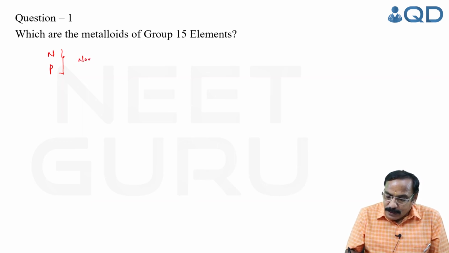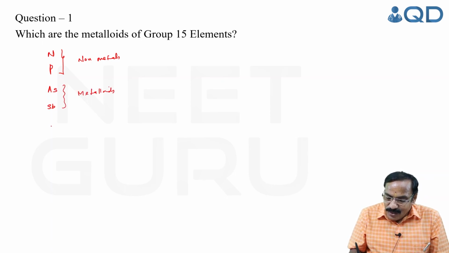Nitrogen and phosphorus are non-metals, while arsenic and antimony are metalloids, while bismuth is a typical metal.